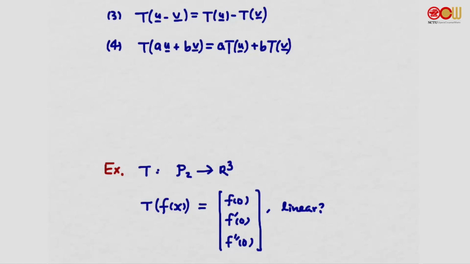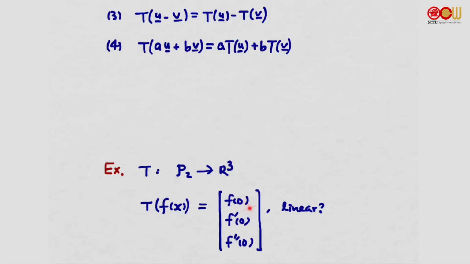Let's consider an example. T is a mapping from P2 to R3, and P2, as we recall, is the collection of polynomials with a degree less than or equal to 2. T of f(x) is like so. It's a 3 by 1 vector because the codomain is R3.